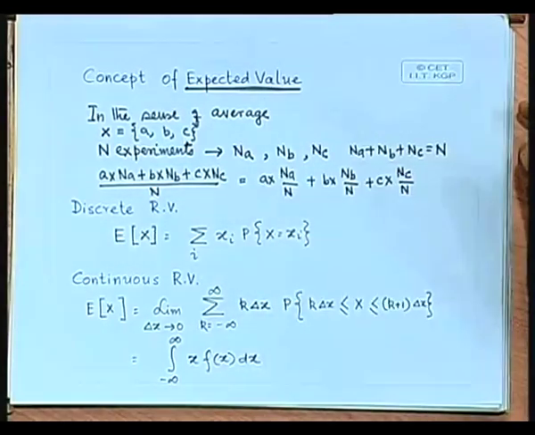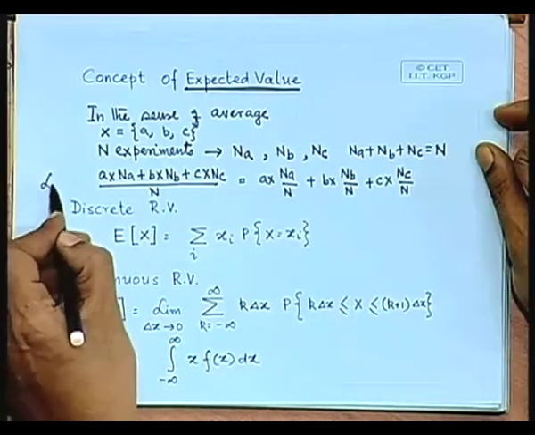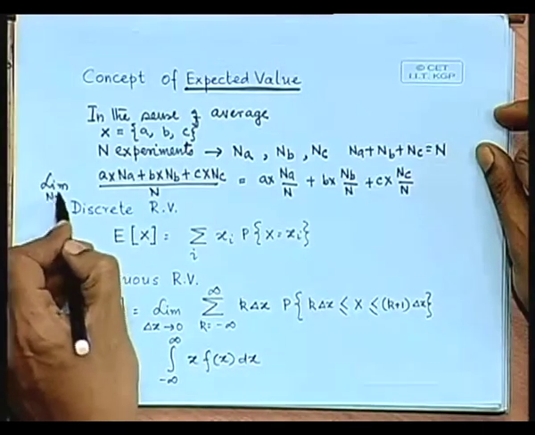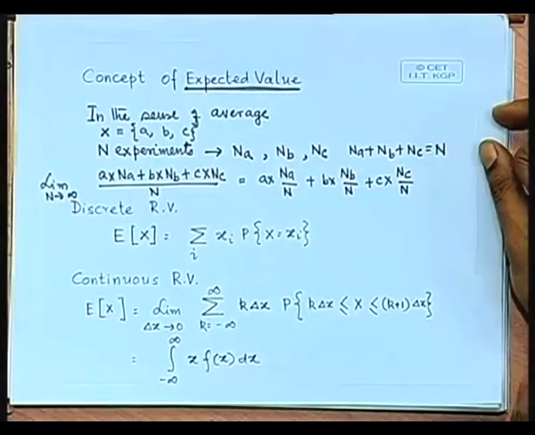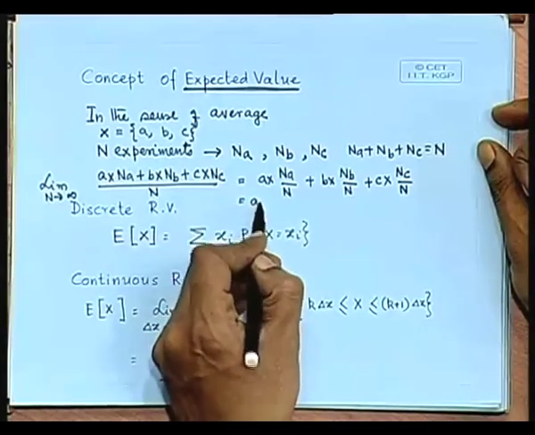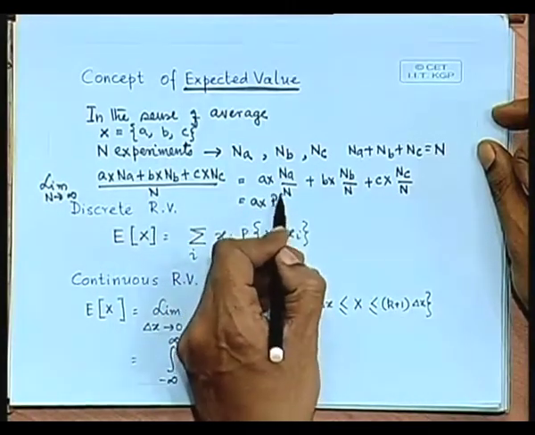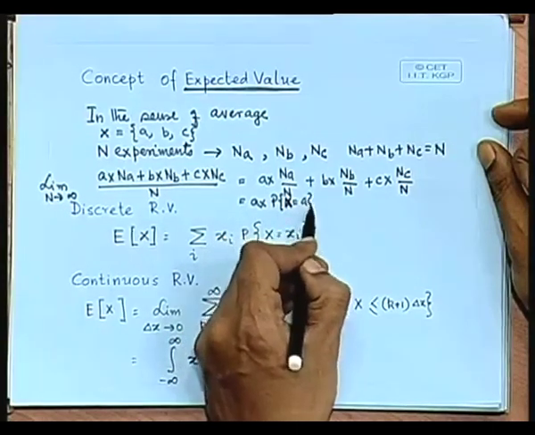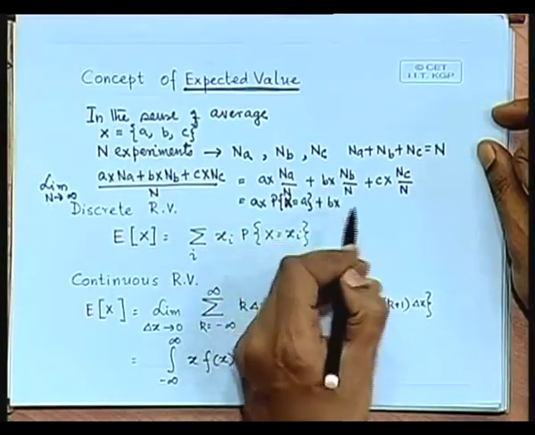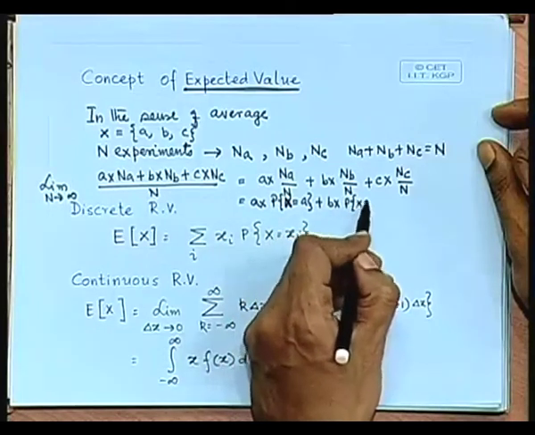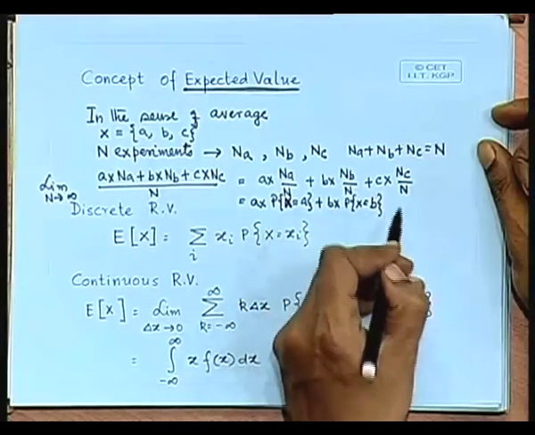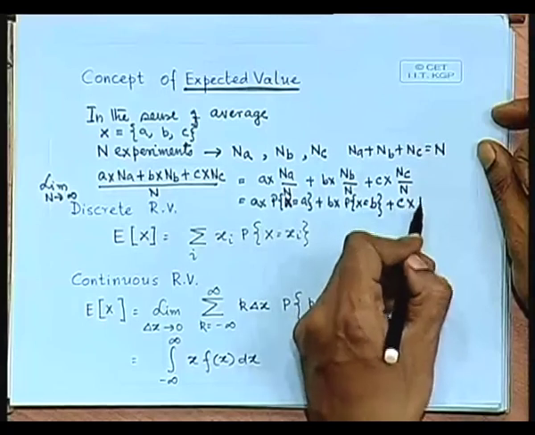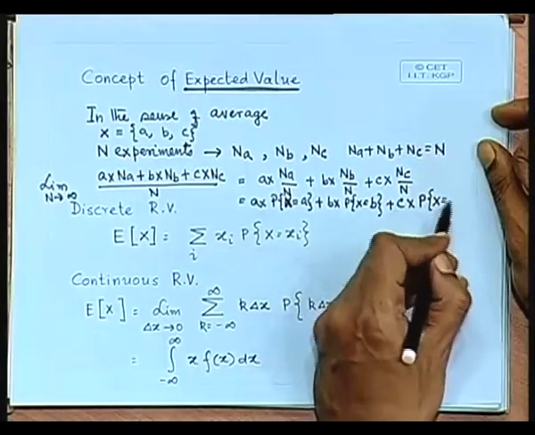Now, if we take the limit that n tends to infinity, then what do we get? We get a times the probability that x is equal to a, plus b times the probability that x is equal to b, plus c times the probability that x is equal to c.